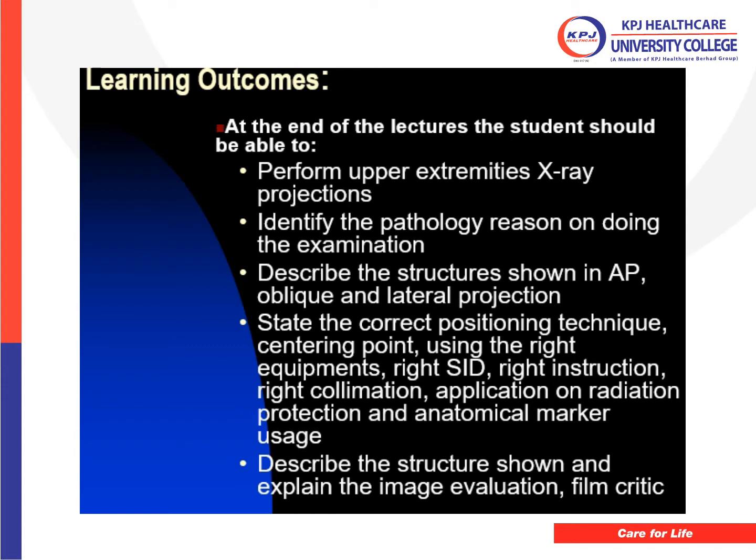Use of the correct equipment, SID, source to image distance, the marker itself, collimation, using the right collimation, as well as application of the radiation protection, for example, the contact shielding. And then you are able to describe a bit about the image evaluation, or in other words, critiques based on the image or the radiograph shown.